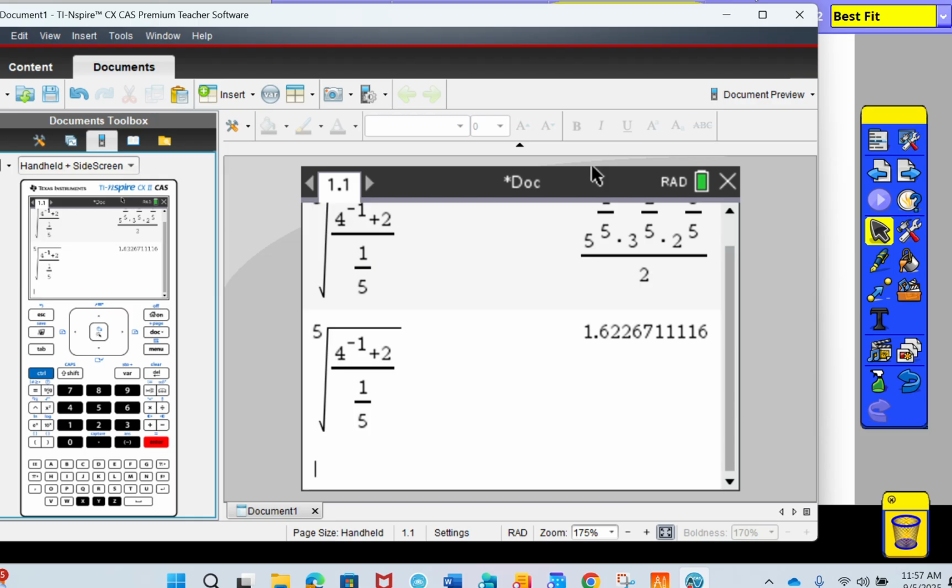That makes you a little bit taller. Now, what should we do? There you go.